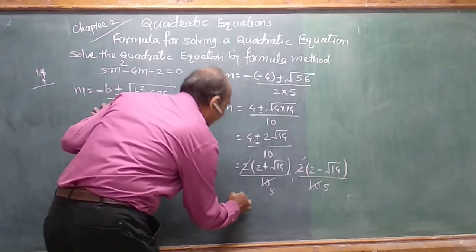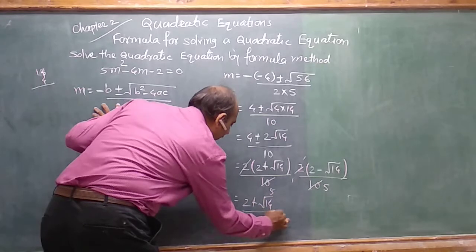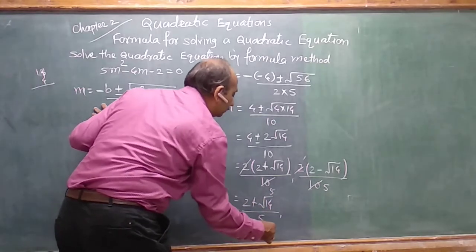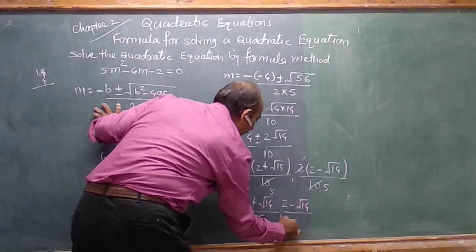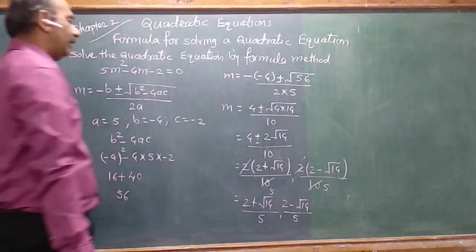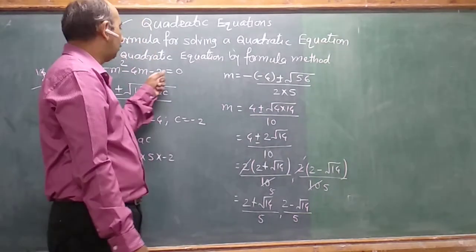What you will get is 2 plus square root of 14 divided by 5, comma, 2 minus square root of 14 divided by 5. So these are the roots of the given quadratic equation.